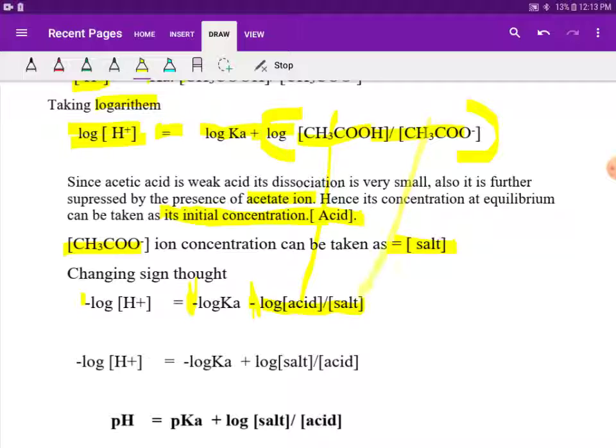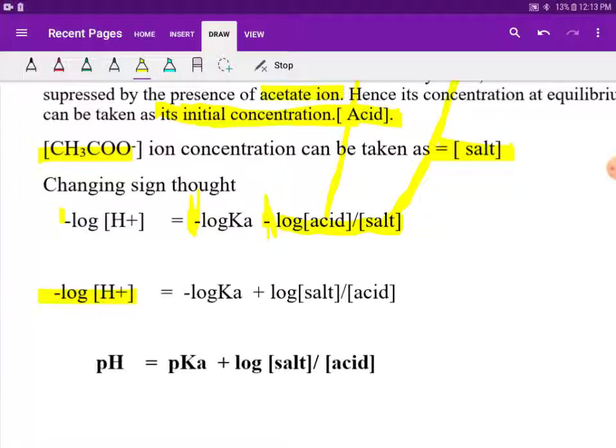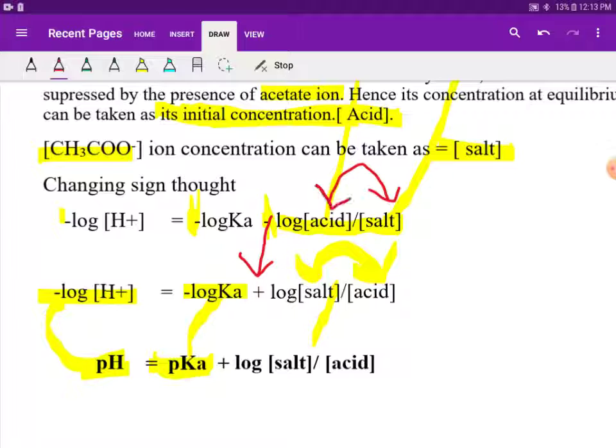Now you know minus log H plus is pH, and minus log Ka is pKa. Reversing the last term, the minus sign becomes plus: plus log concentration of salt by concentration of acid.